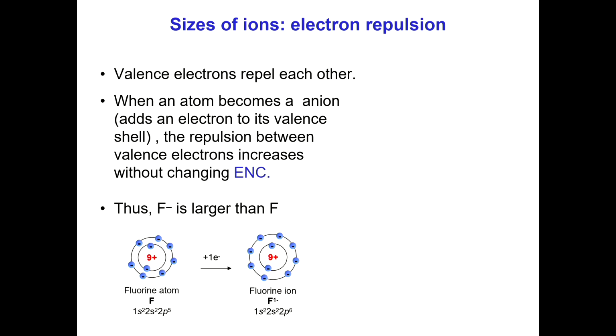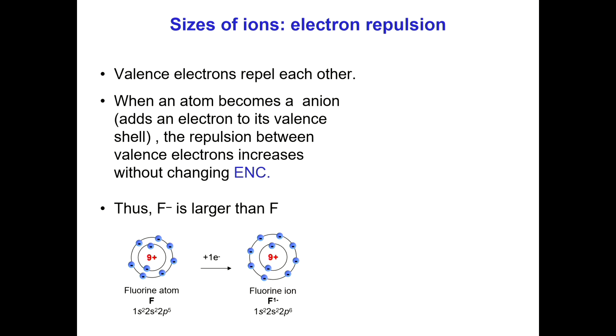It's very small. But when it gets 1 electron here, at first the number of valence electrons is 7. Now it is 8, right? What is the ENC number for this?